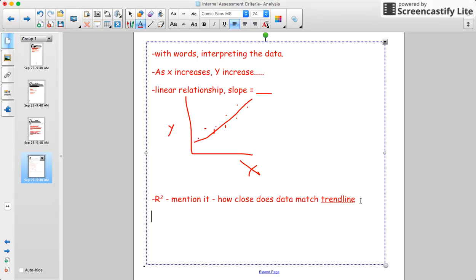You could also bring up things like variability, outliers, stuff like that. So actually mentioning the values here, mentioning values that don't match the trend, mentioning trials that have lots of variability, mentioning your uncertainty here, how big it was, is it significant, things like that, mentioning the results.